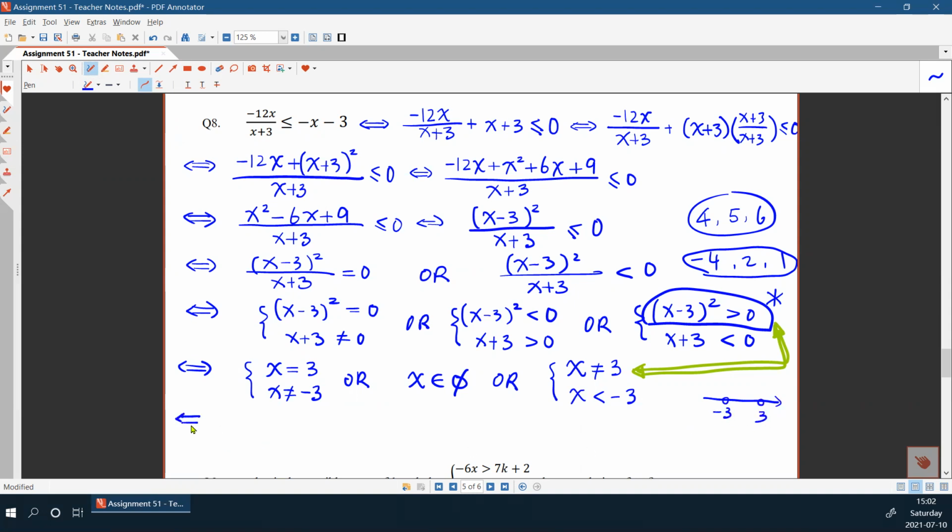Okay, let's combine all the results here. First of all, x can be number 3. This is the first branch, right? Or the second branch says x belongs to an empty set. That means there's no solution in the second branch. The third branch says x must be less than minus 3 and x cannot be 3, right?